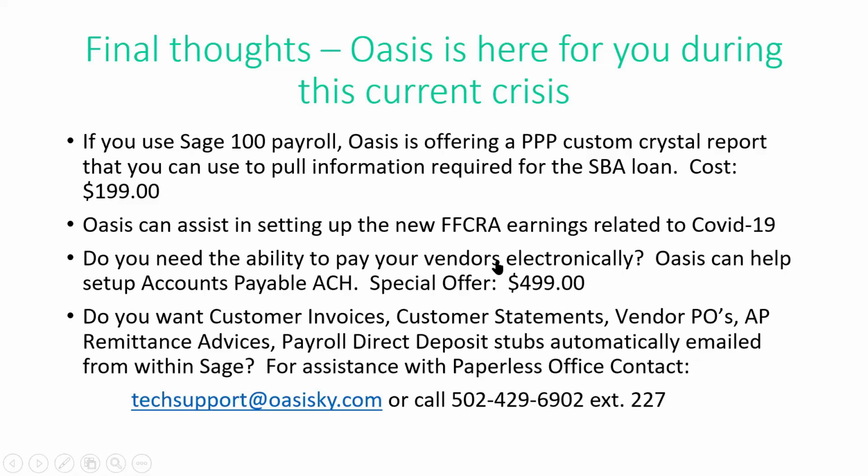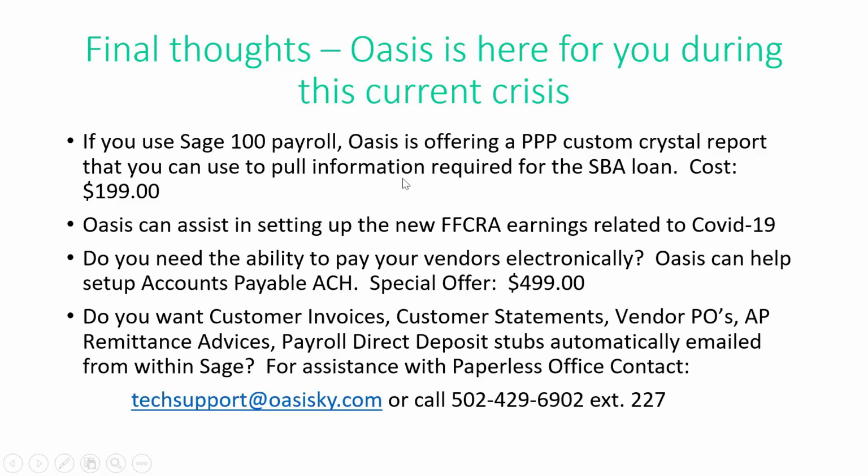The transition of working remotely can be kind of a challenge. And so I wanted to make you aware of some things that we can maybe help you with during this transition. A couple of the first things are related to if you're using the payroll module in Sage 100. And again, this is Sage 100 as well as Sage 100 Cloud.